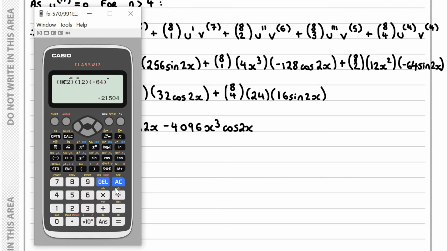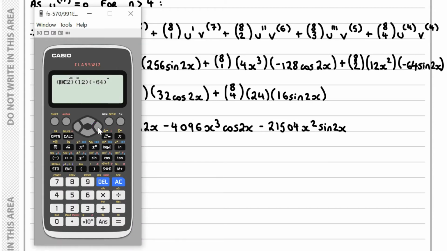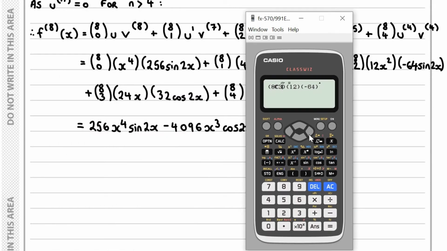So here we get a value of minus 21504, and then we've got x squared sine 2x. And then here we would have 8 choose 3 multiplied by 24 multiplied by 32.